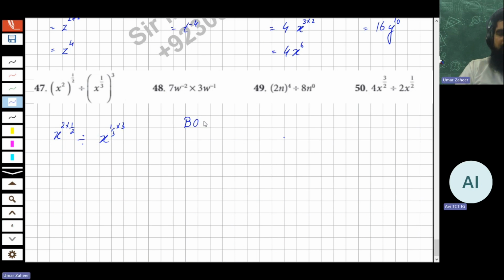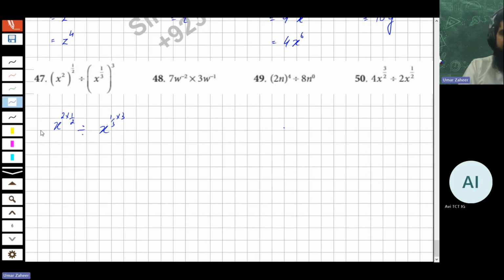In your school, do you learn BODMAS? Some schools teach BODMAS, some teach BIDMAS. Sir, BODMAS. So basically some of the students are going to divide first, but that's wrong because by the BODMAS rule, first of all we have to solve the indices, then we are going to divide. So I have to apply the power first, then I will go for division.